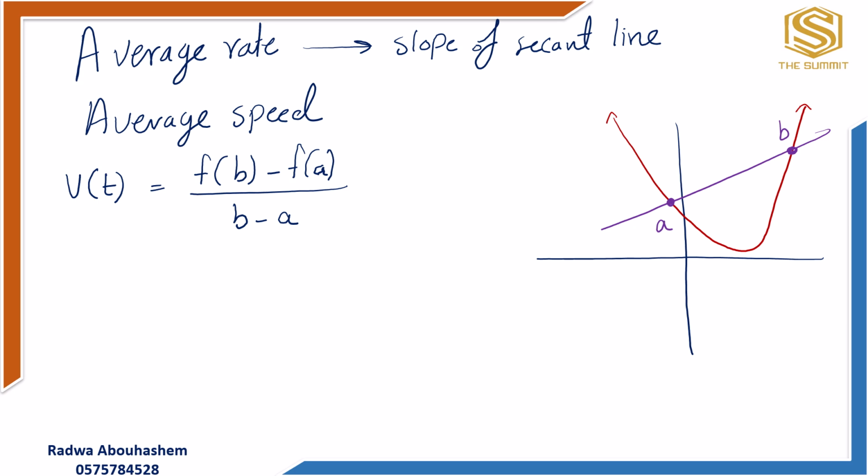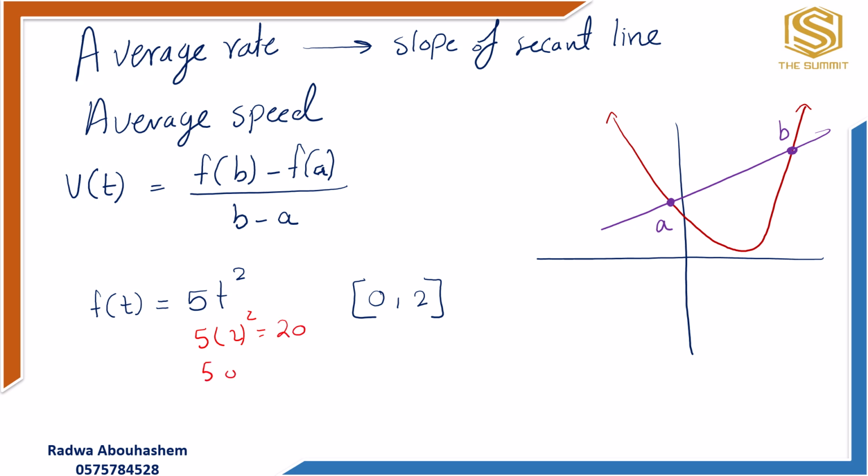For example, let me give an example here. I have a function of t equal to 5t squared. And I need to calculate the average speed over the interval from 0 to 2. So I'm going to substitute the 2 first. 5 times 2 squared, 5 times 4 is 20.